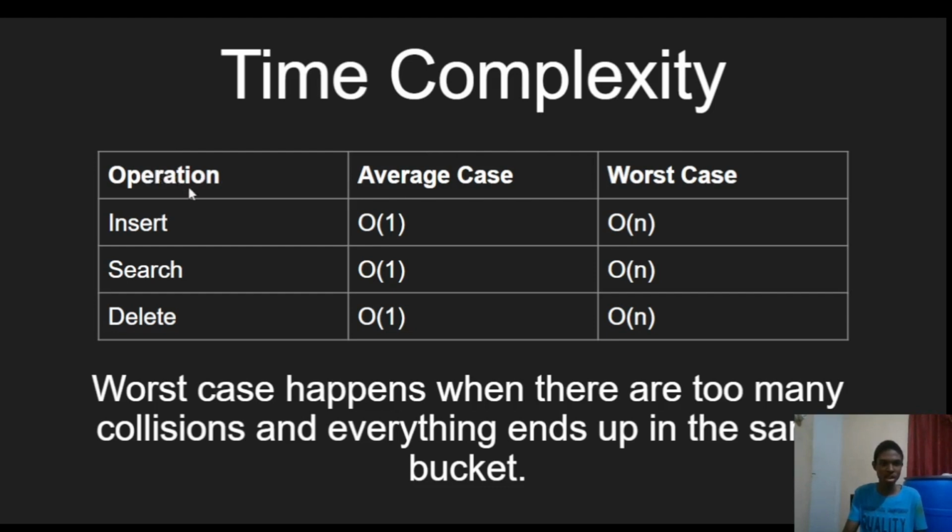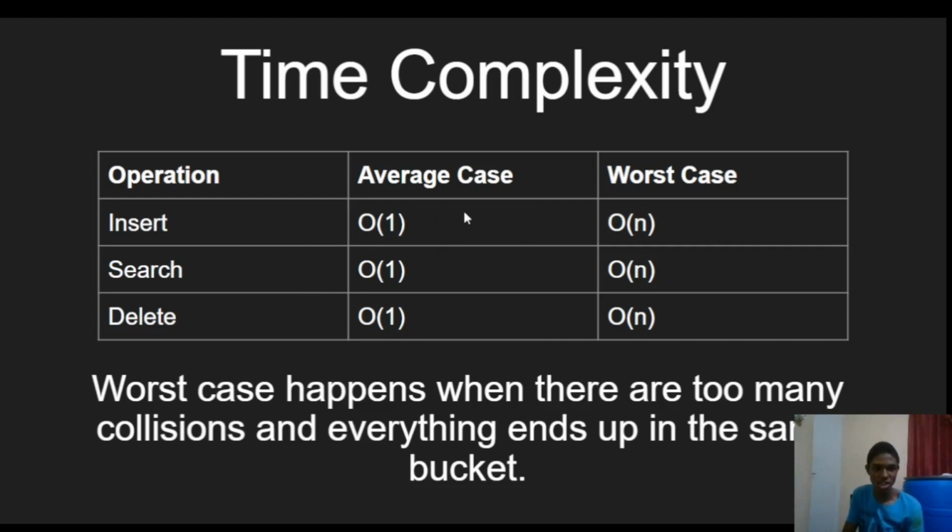And here's the time complexity of a hash table. A hash table has three basic operations: insertion, searching, and deletion. In the average case scenario, it would be O of 1 time complexity.